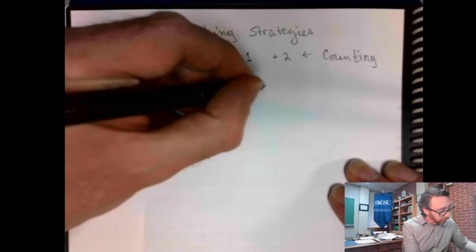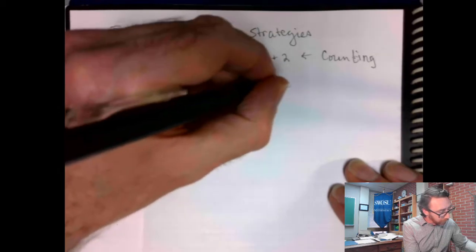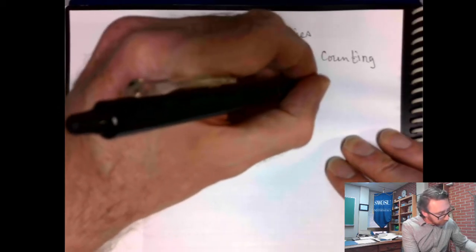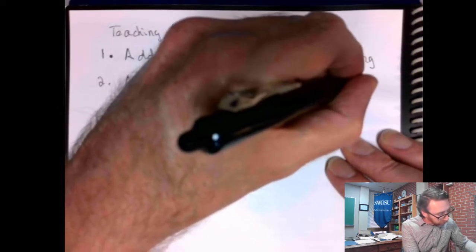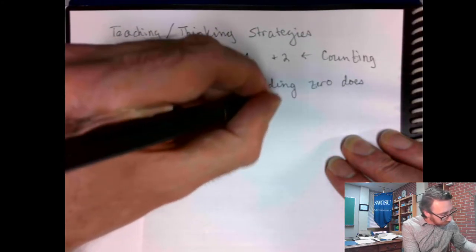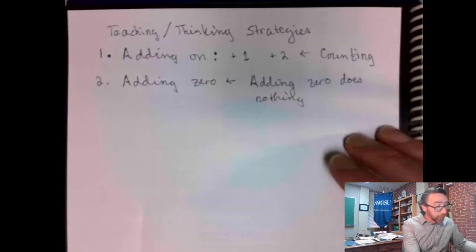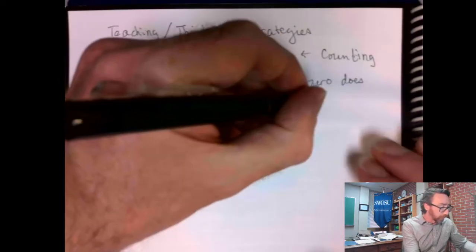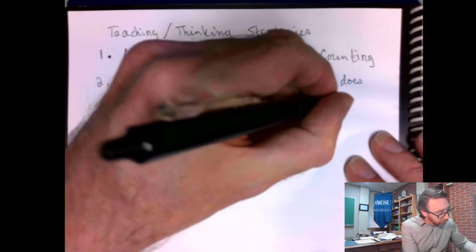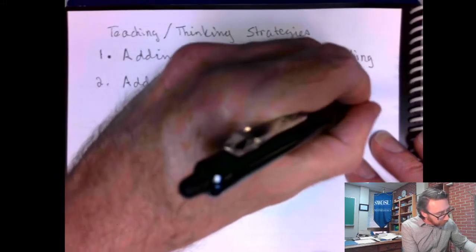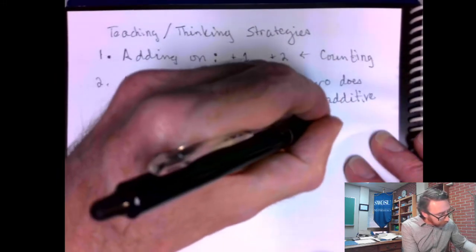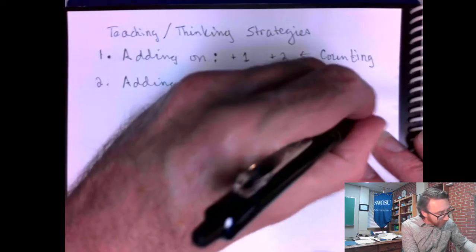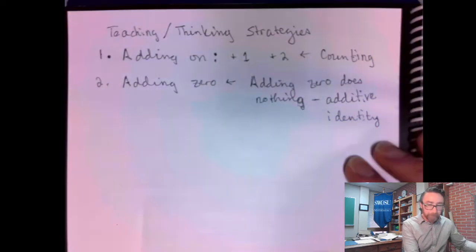And this is easy because adding 0 does nothing. Okay, that's not really an addition fact, that's just sort of a property of 0. Zero is the additive identity.